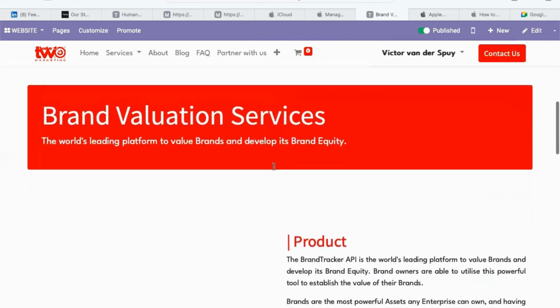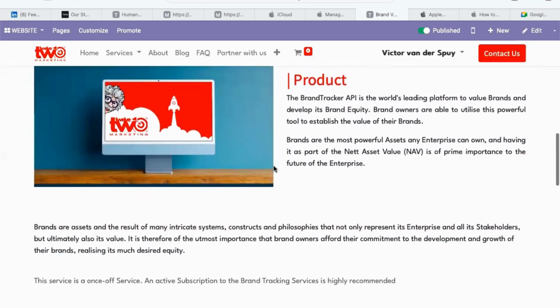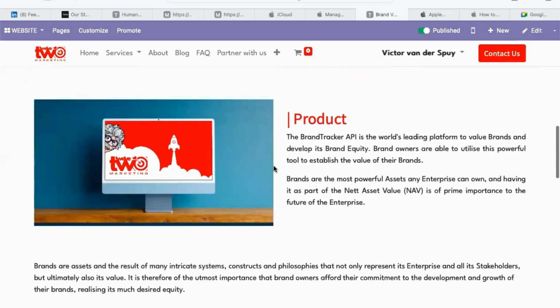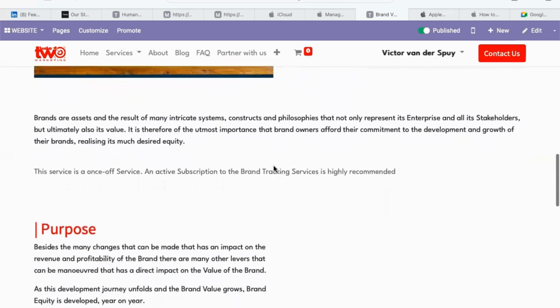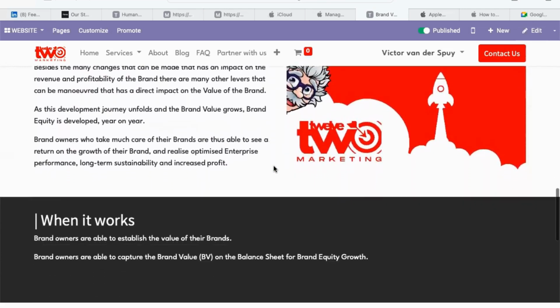This service takes approximately 40 minutes with the client, where we take the client through a dashboard portal, and the client answers 100 questions, and our AI captures all the answers and populates a report for us. We then present it to our client and discuss various things from the dashboard and the report. This service is billed at 12,000 rand, and it's a very, very powerful service.